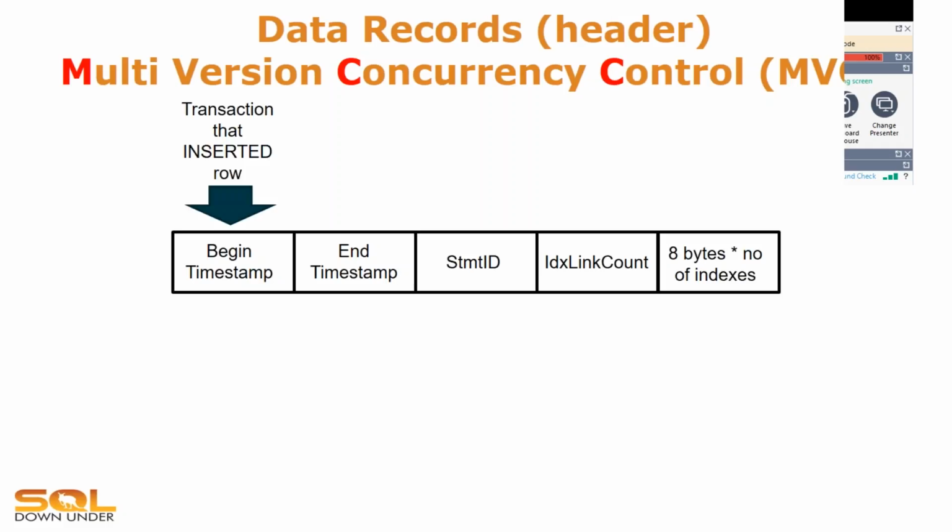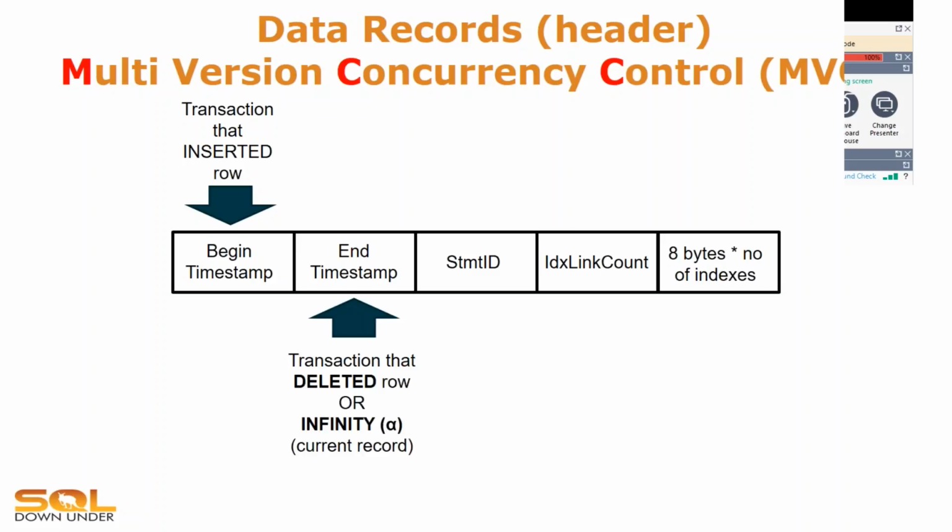We can see that first of all we've got a begin timestamp and we've also got an end timestamp. As a new record goes into the database, the begin timestamp is written, and that is basically the time of the transaction that committed the record.